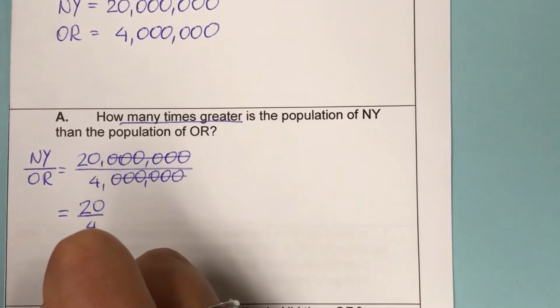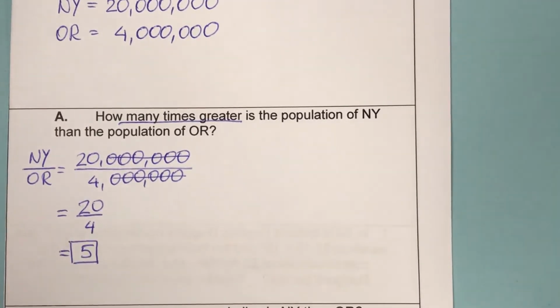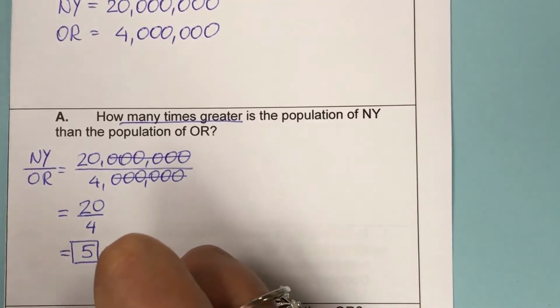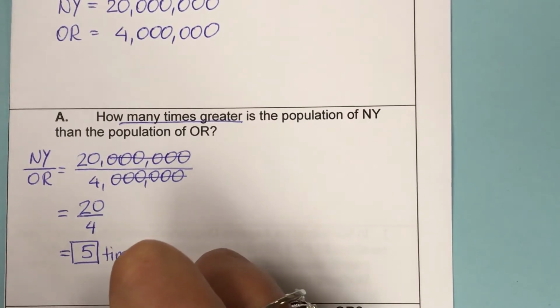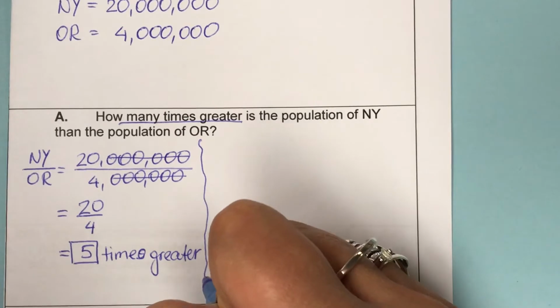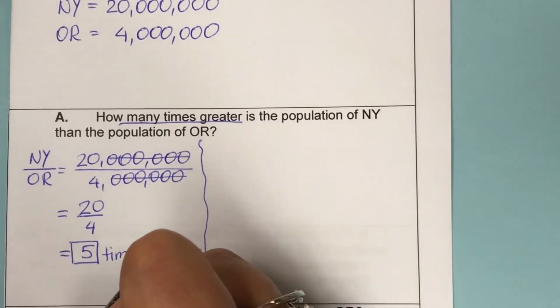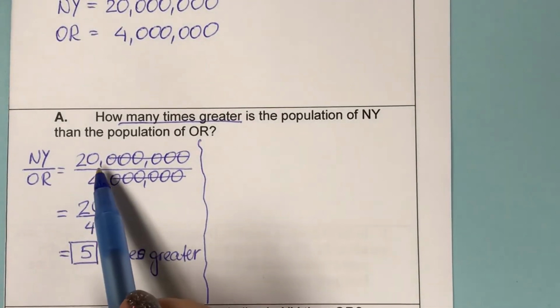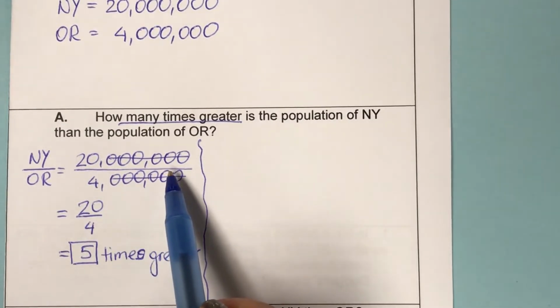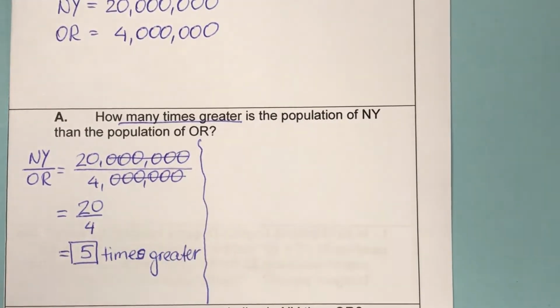So the population of New York is 5 times greater. That is our answer in a division, and it is done through using standard form.